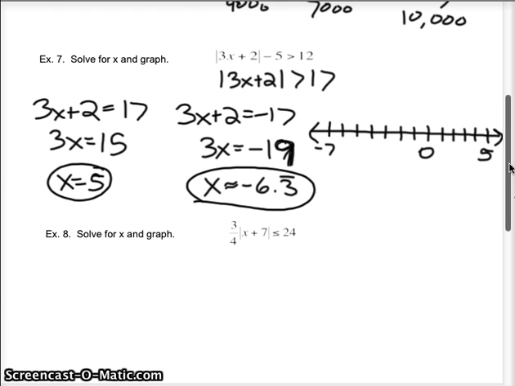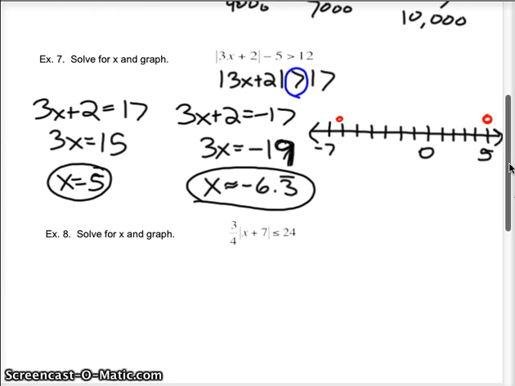All right, now we're going to plot these two endpoints. I want you to notice, this is strictly greater than, all right? That means they're going to be open circles. So I have an open circle at 5, and I have an open circle at negative 6.3.